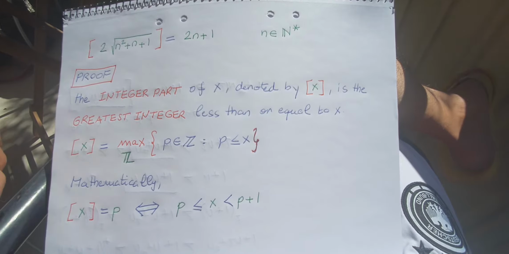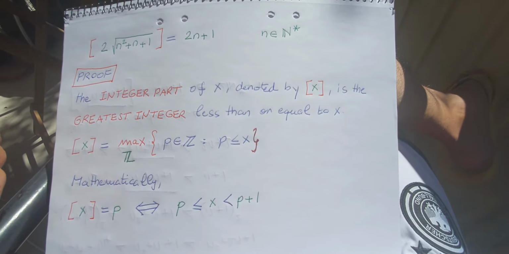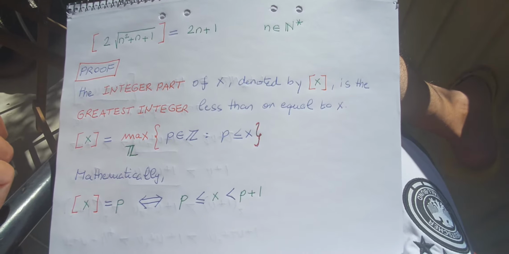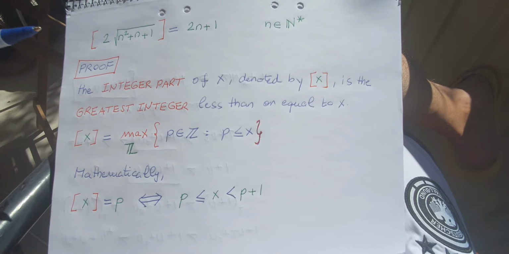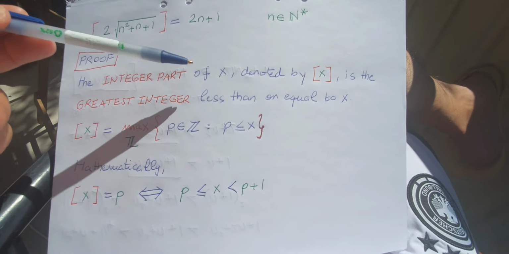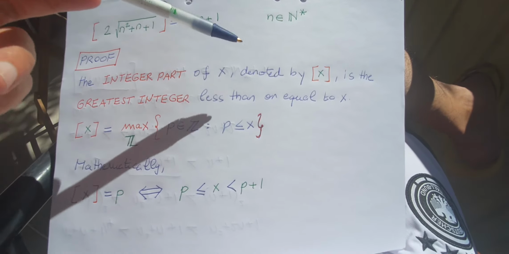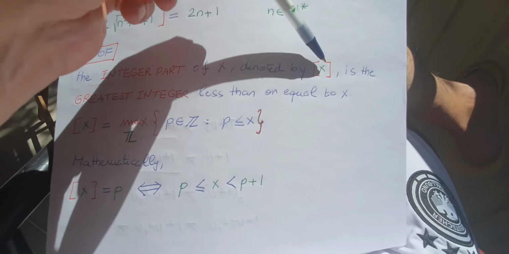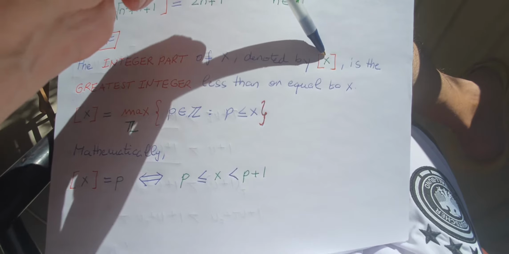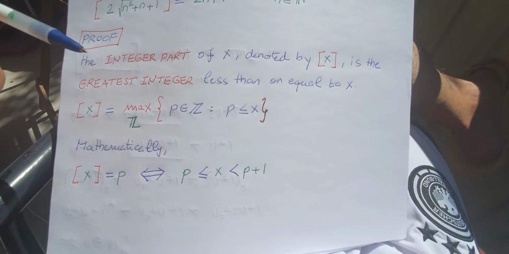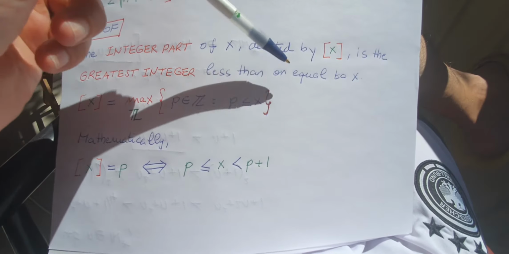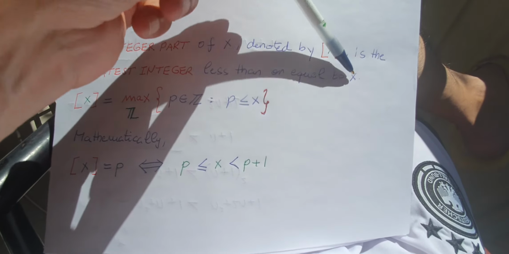Okay, but before we get on with the proof, a reminder only of what the integer part of a real number is. So the integer part of a real number x, which we usually denote by this expression, that is x between square brackets, is the greatest integer less than or equal to x.